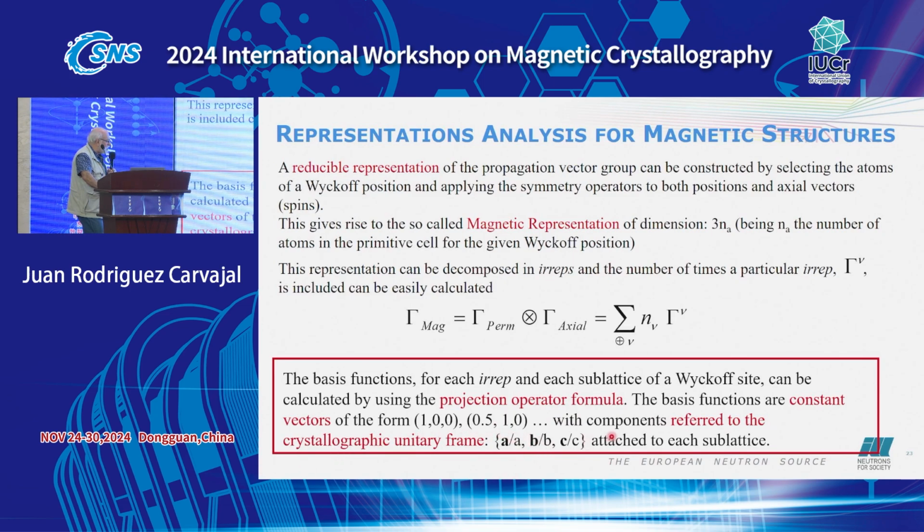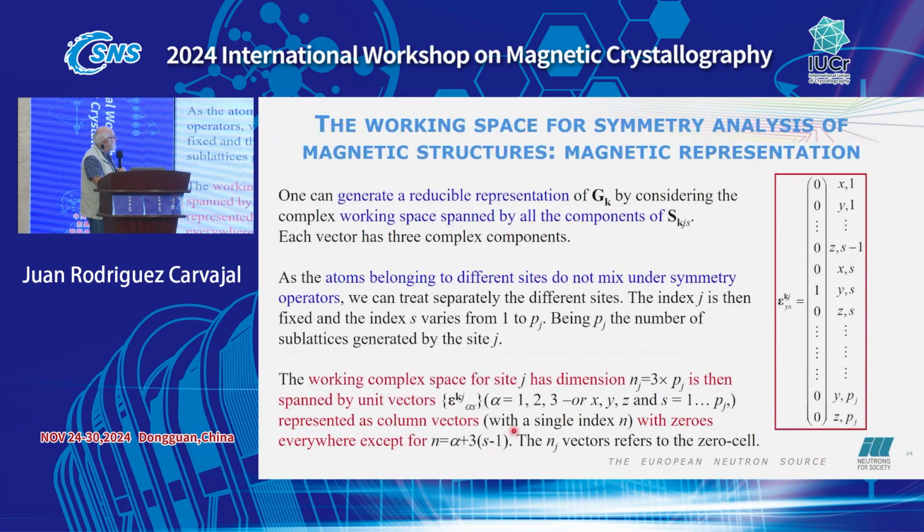This is what we obtain attached to each sublattice. These constant vectors, then you can put whatever value before that. For example, 1 0 0 is the same as 8 0 0. You can normalize that as you want. They are just directions in space. Well, I will skip this. It's a little bit complicated. It's just the way of how we construct that.